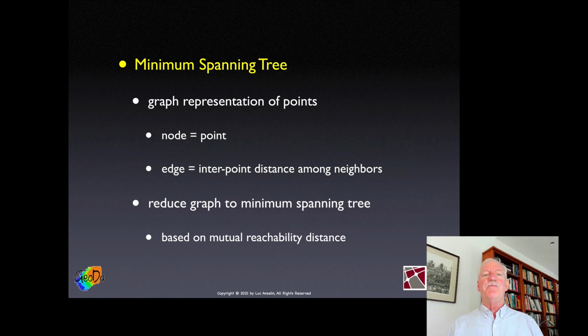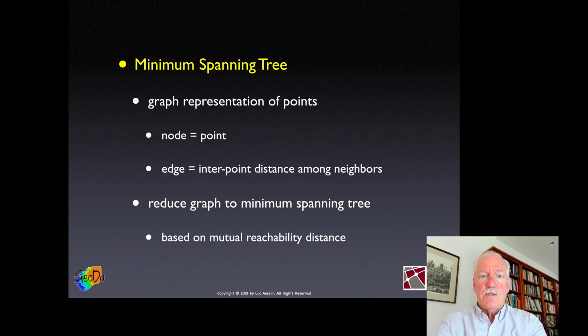We haven't really talked about this yet, and I won't go into too much detail at this point. We'll revisit the minimum spanning tree later on when we deal with the various cluster techniques. But it is a simplified graph representation of points. So we already saw the connectedness graph in our discussion of spatial weights in the Intro Spatial Data Science class.